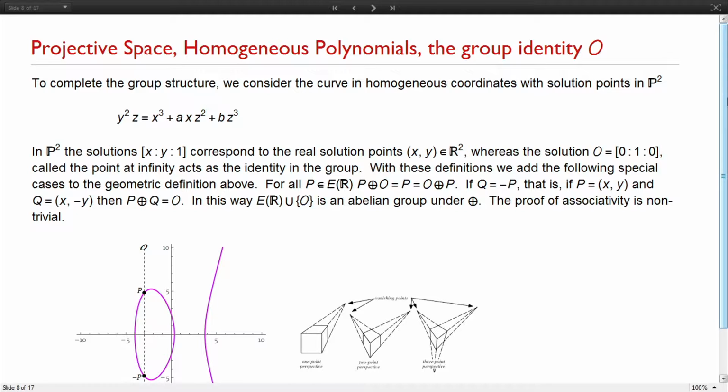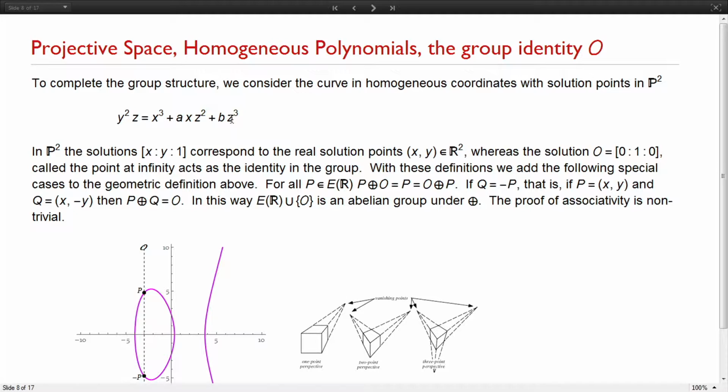But to complete the picture, to get a real group structure, we need to look at projective space. So the idea basically is you convert your cubic polynomial to homogeneous form, which means introducing a new variable so that the total degree of each term is the same. And then if you let that newly introduced variable z be 1, it's clear you get the original curve back.